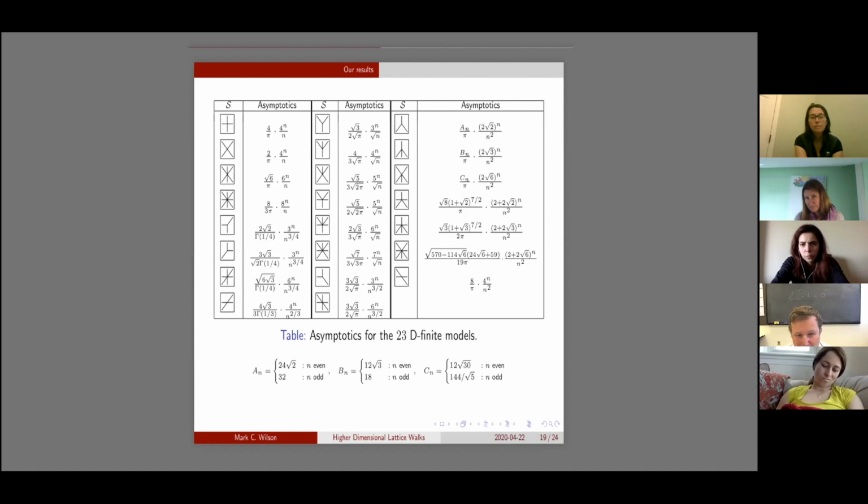The last 4 are the hard ones that were done by different methods because they have generating functions that are not only D-finite, but actually algebraic. They were done by Bostan and Kauers and that kind of sub-community. I'll say a little bit more if I have time. You can see there that there's periodicity as well, and that's written in those constants A_n, B_n, and C_n.